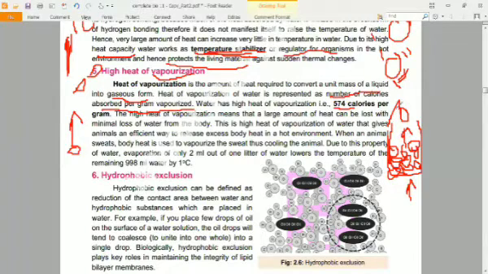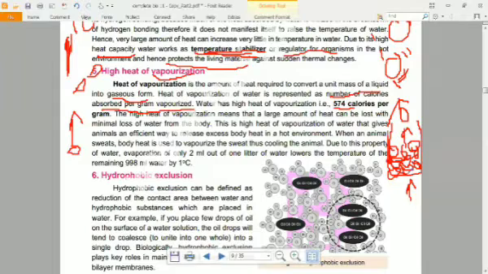The molecules which vaporize absorb lots of energy from the lower layers of molecules, so the lower molecules lose heat energy or kinetic energy.